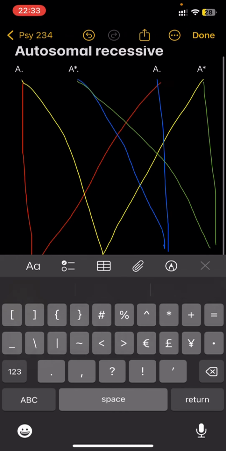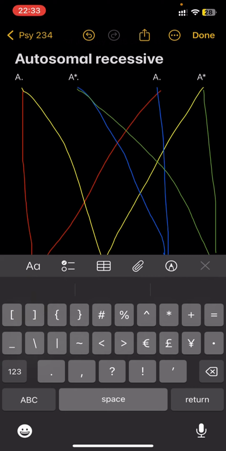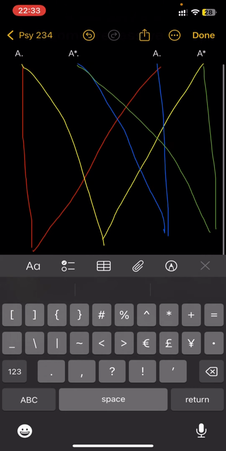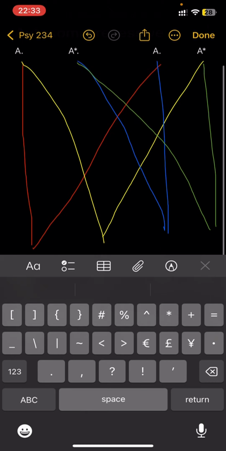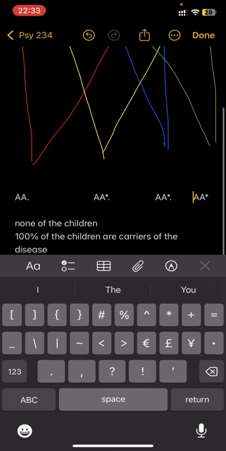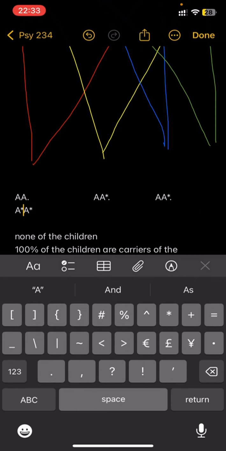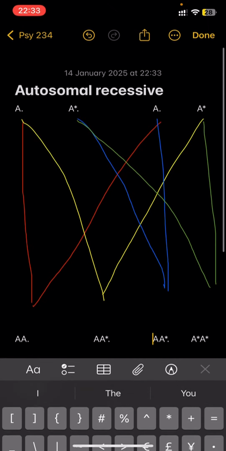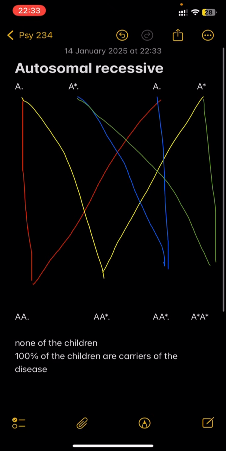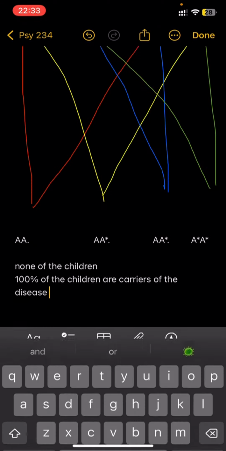Then for this, this child is going to have one A. Then for the blue, the child is going to have another A. Then for the green, the child is going to have the disease. So I don't know if this is helping at all, because it just feels like I'm saying this and this.